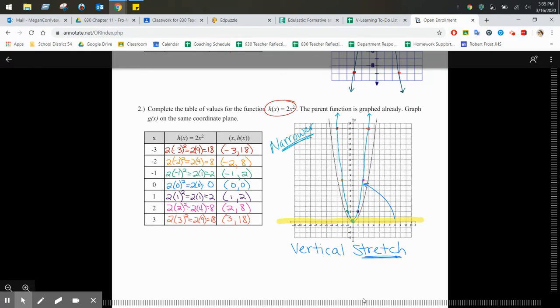Whenever we say it's a vertical stretch, or whatever the transformation is, we always want to say by how much. So in this case, it's a vertical stretch by a factor of 2. I was multiplying by 2, so it's stretching by a factor of 2.